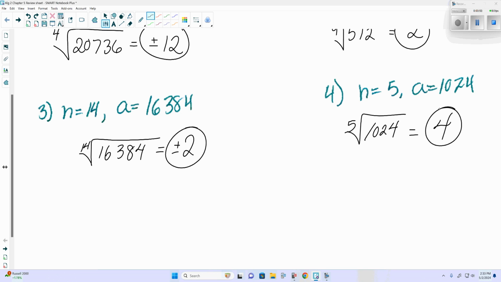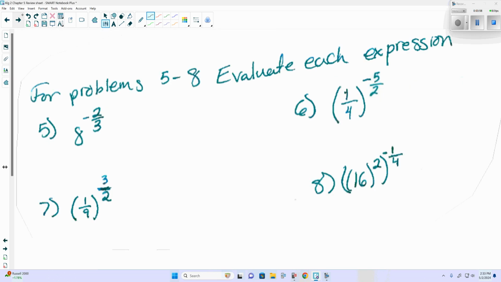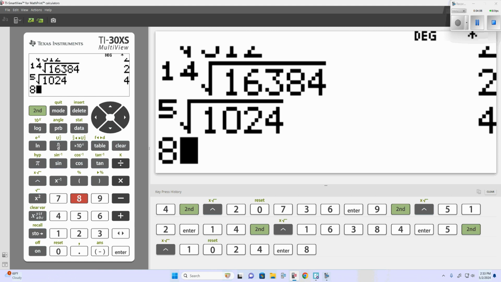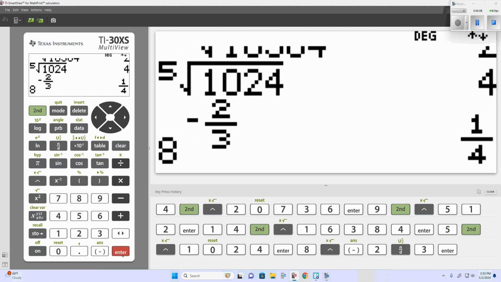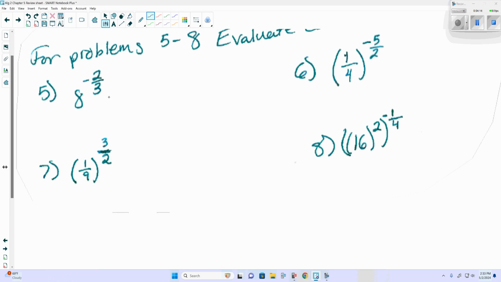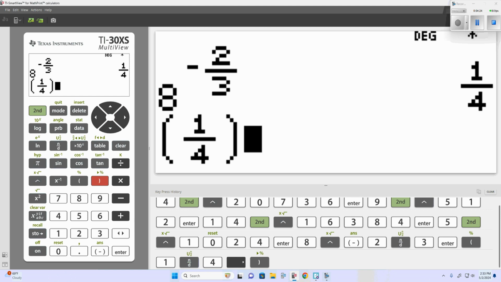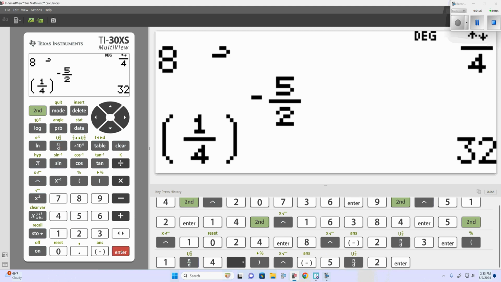So we go with 1 through 4. We're ready to look at 5 through 8. We can look at number 5, 8 to the negative 2/3 is 1/4. 1/4 to the negative 5/2 is 32.